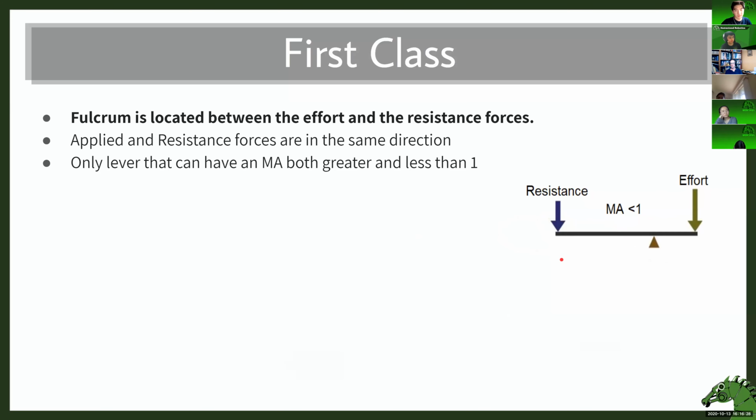So basically you have a large value for the resistance, which is the output. Okay, well this here, you see it's a mechanical advantage of less than 1, because you have a shorter lever on the effort side.